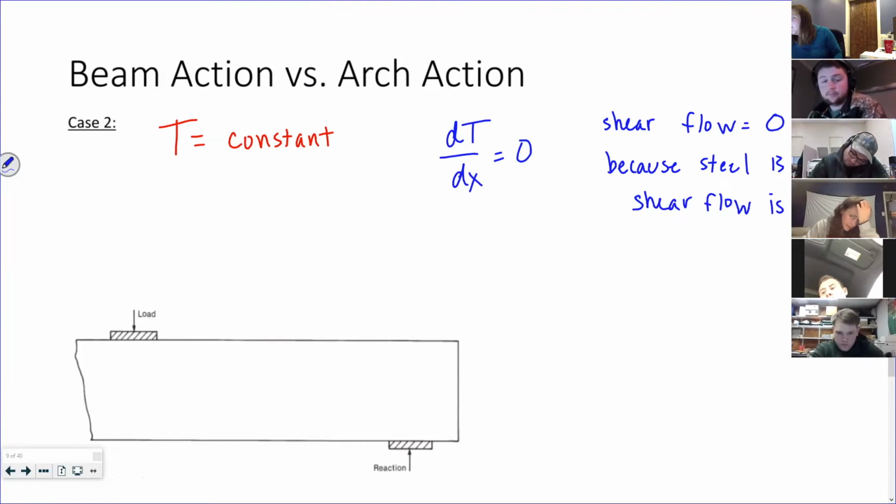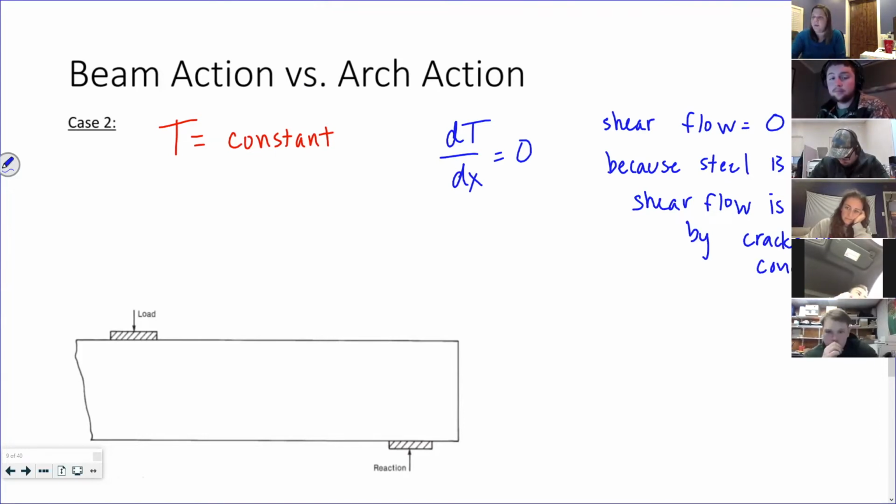Your shear flow is interrupted by cracks in your concrete. Now your shear force is just this constant times.